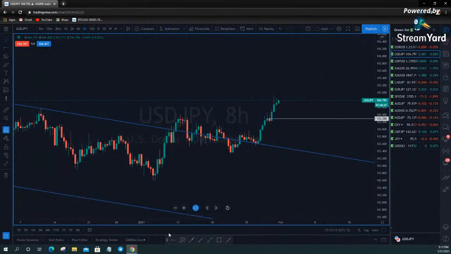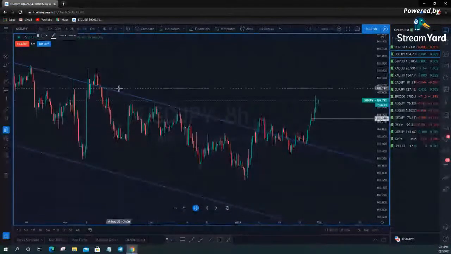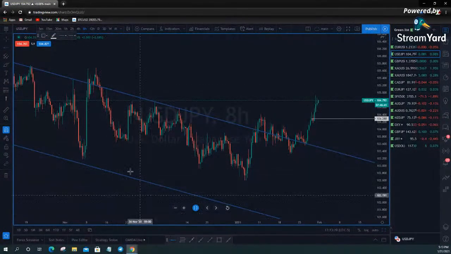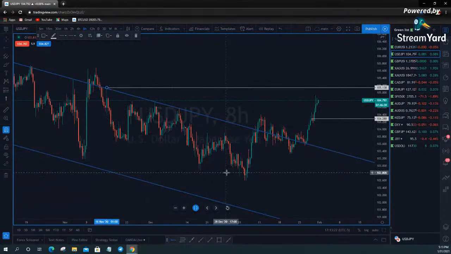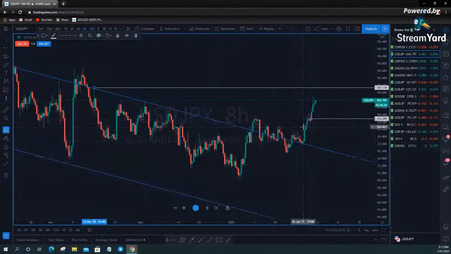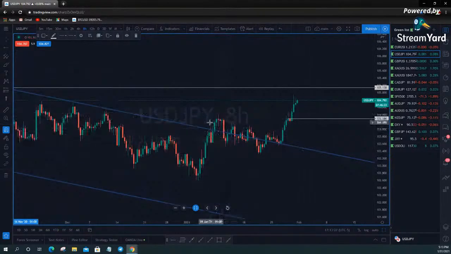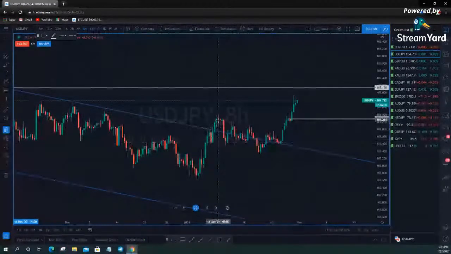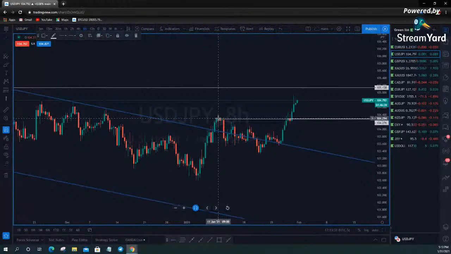Then I will look to get long, targeting this wick high up here at 105.138. Now this swing high right here also almost coincides with this level here.